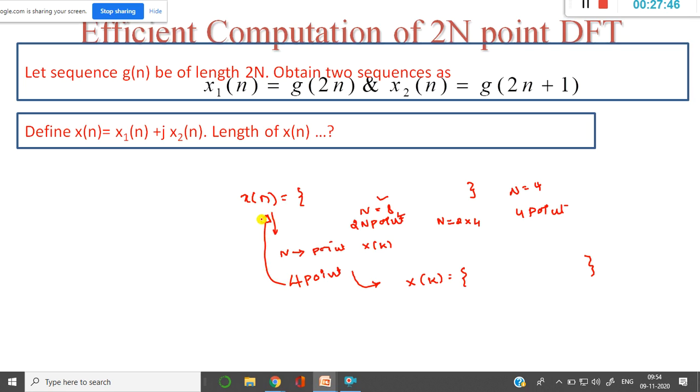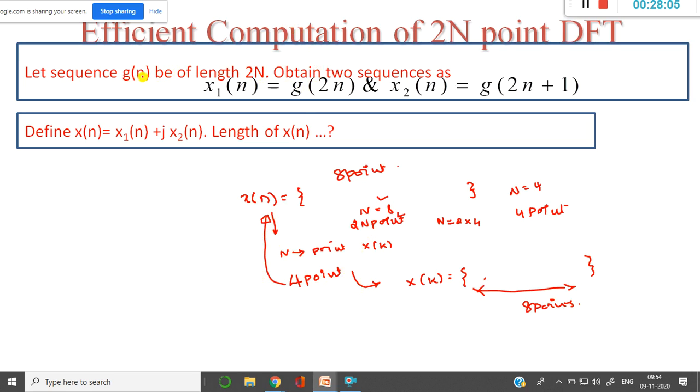Applying a 4-point DFT for an 8-point sequence, the output must still consist of an 8-point sequence itself. But the DFT applied is only 4-point.